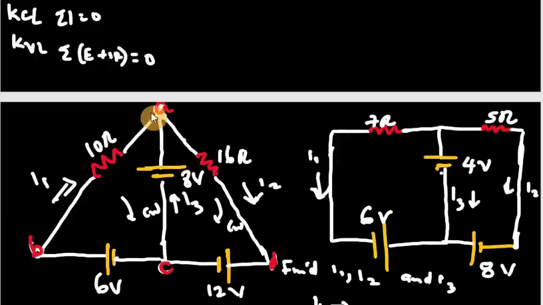For instance, you see that there is more than one source of EMF. You have 8 volts, you have 6 volts, you have 12 volts. So for you to find the values of I1, I2, and I3, it becomes difficult if you don't know Kirchhoff's law. But Kirchhoff's law will make it easy for us to find the values of I1, I2, and I3.